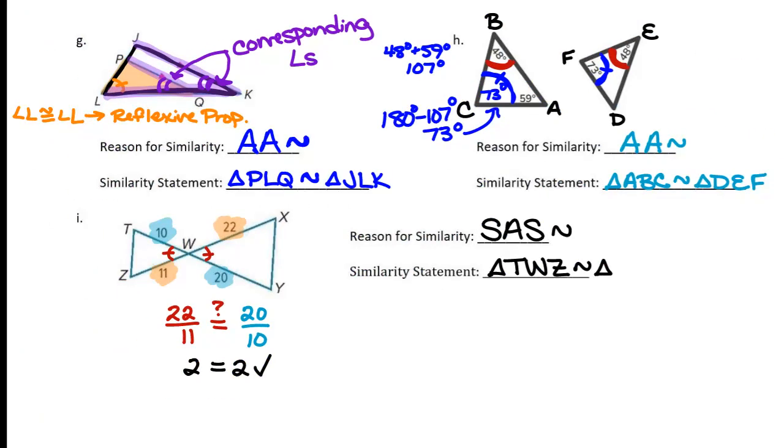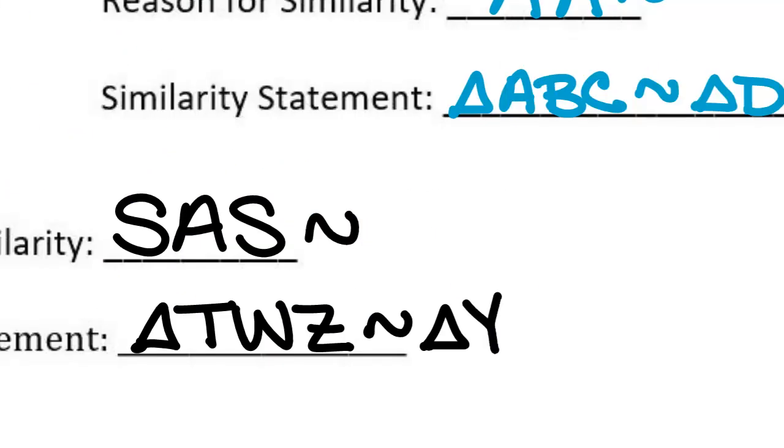T is right here. It's touching my side that was proportional to 20. So what do I have to start my other triangle name with? Y. W was my vertical angle, so I need W next. So TWZ is similar to YWX.